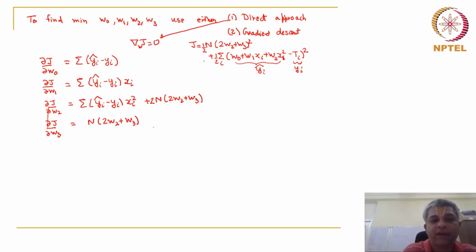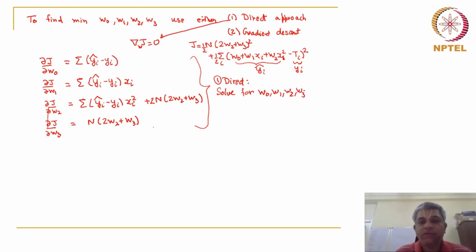The direct approach would be to solve for w0, w1, w2, w3 with grad J equal to 0. So these are 4 equations in 4 variables. This will be a linear system of equations, just like we did for linear regression with 2 equations and 2 variables. You can solve this. There are a few tricks you can use. It turns out to be fairly easy.